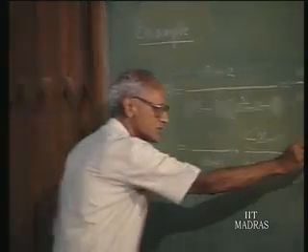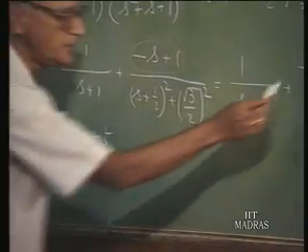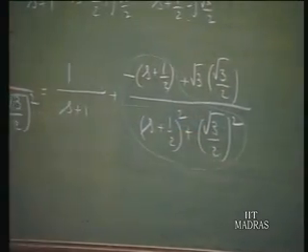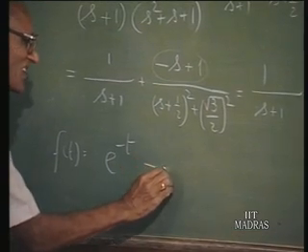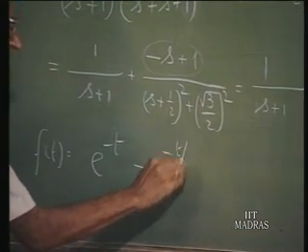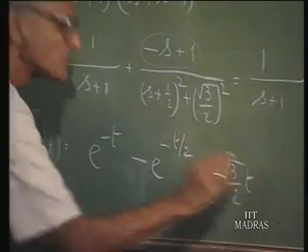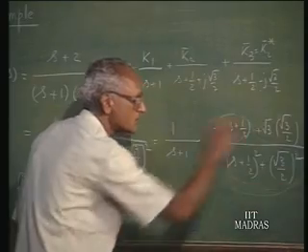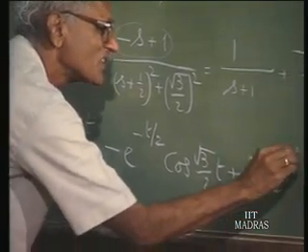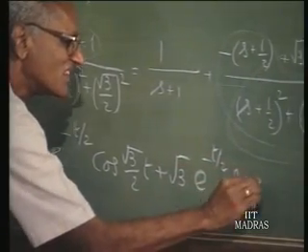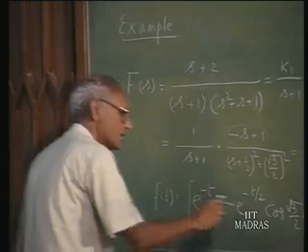Corresponding to the first term you have e power minus t, corresponding to this term you have minus e power minus t upon 2 cos root 3 upon 2 t, and corresponding to this term you have plus root 3 e power minus t upon 2 sin root 3 upon 2 t. Of course, the whole thing is multiplied by u of t.